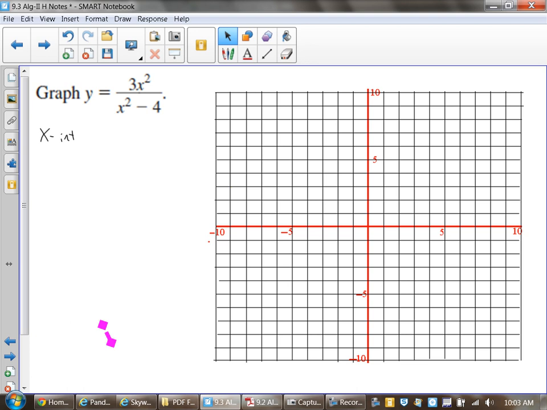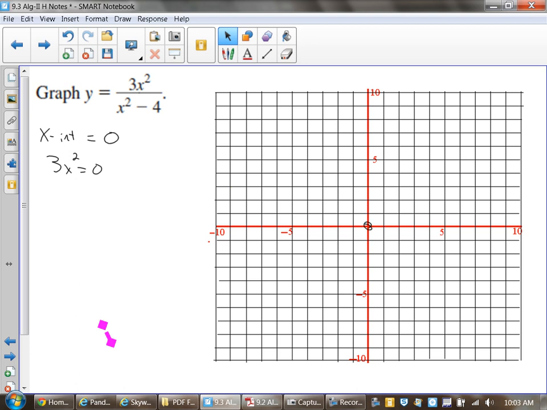X-intercept. Careful. For my x-intercept, take the numerator and set it equal to 0. What does x have to be? 0. So my x-intercept is 0.